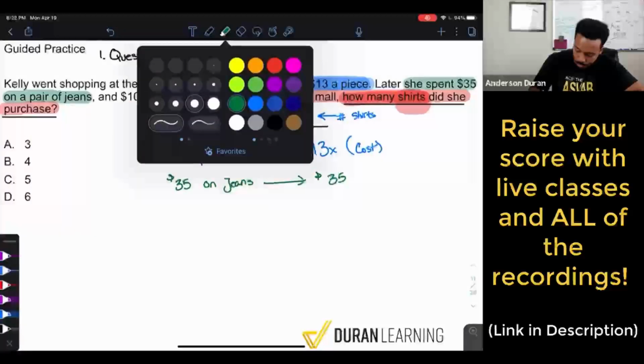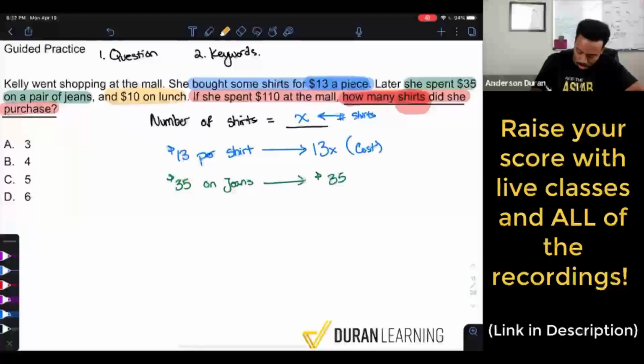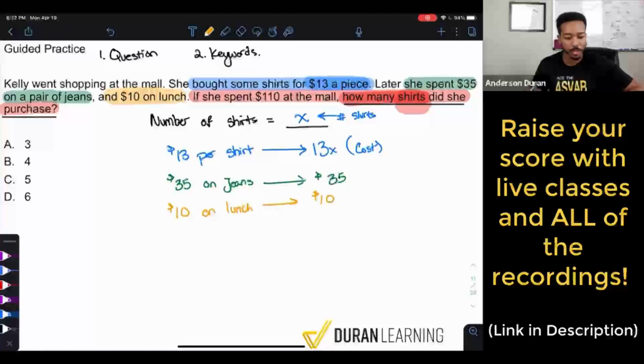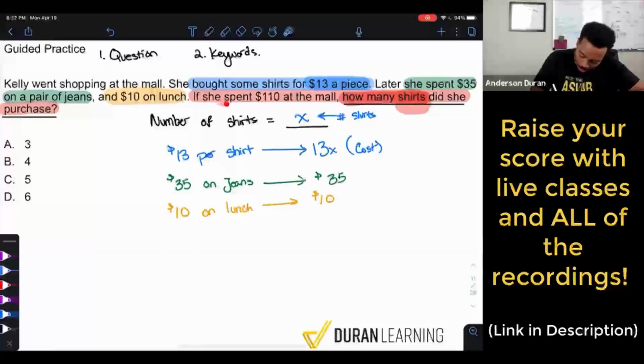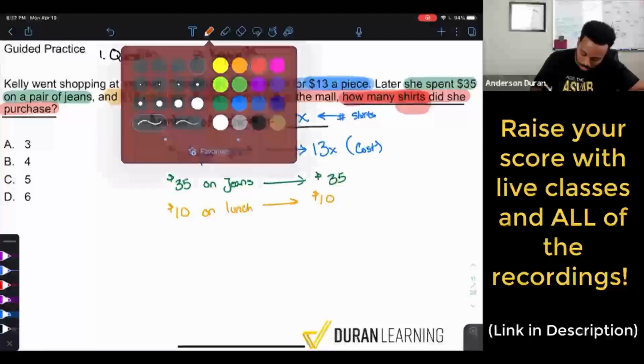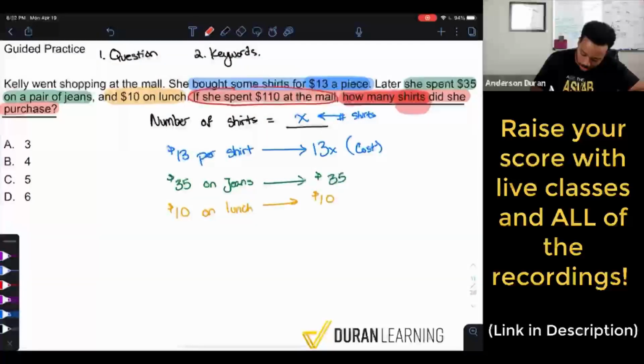All right, cool. And so that amounts to just $10, right? It just says that Kelly had one lunch, and so that was it. And then it says at the end here, if she spent $110 at the mall, $110 total, right?